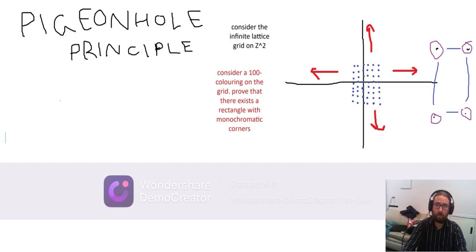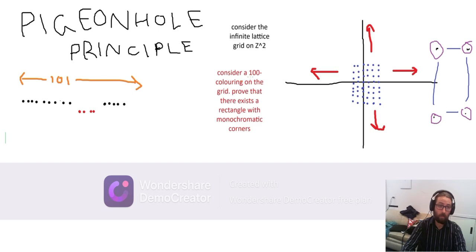We're going to start by looking at a simpler version of the proof. Imagine just one line on my lattice grid. Let's say that it's got 101 points.